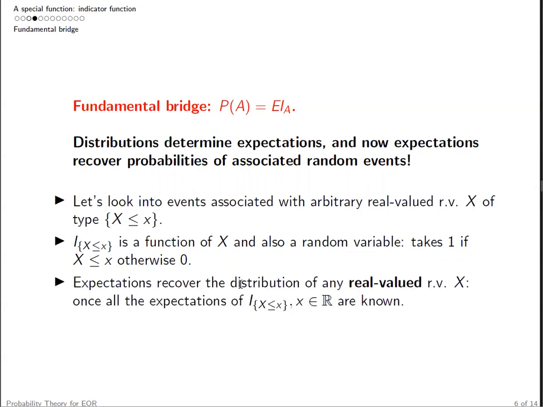Now we can use expectations of such functions of a random variable to recover the distribution of any real-valued random variable X. Because if we know all the expectations of such indicator random variables, with all possible values taken from the real line, then we can recover the whole distribution of any real-valued random variable X. So distributions determine expectations.